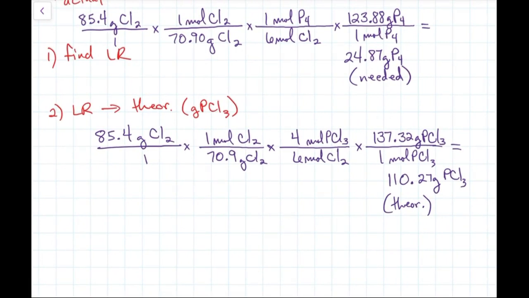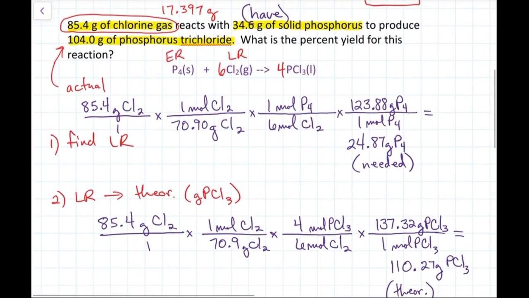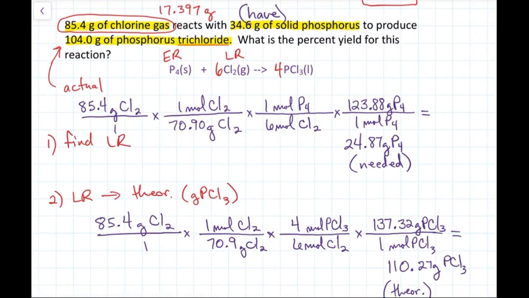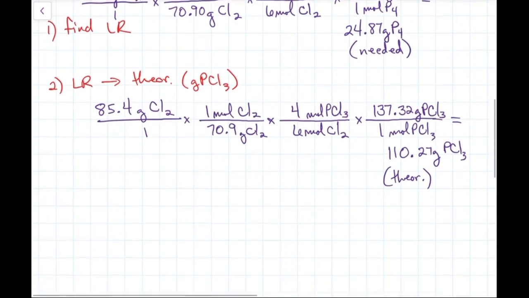If I would have done this calculation based on my excess reactant, 34.6 grams of phosphorus, I would have gotten a much bigger number, but that wouldn't be my true theoretical yield because I would be basing it on something that didn't fully react.